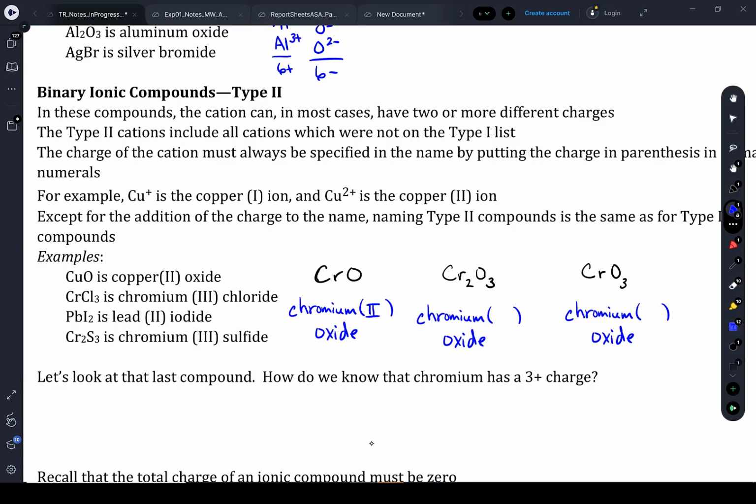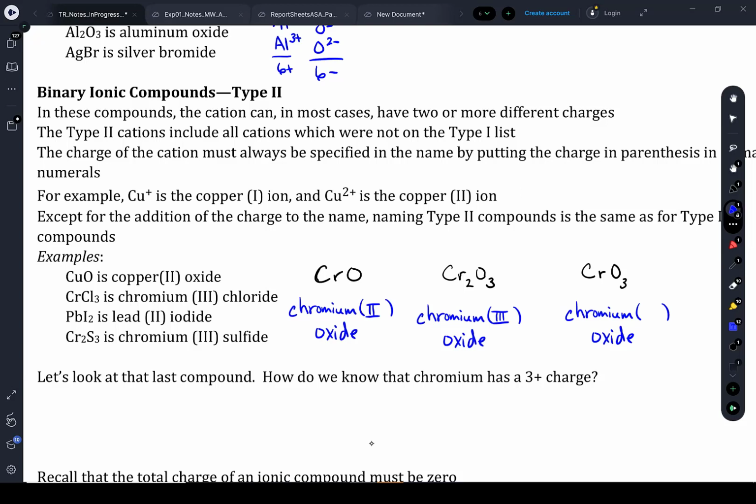Similar to chromium 3 sulfide, this would be chromium 3 oxide. It is the most complicated of these three, because going by the exact same logic, the total charge is 0, 3 oxygens add up to -6, the 2 chromiums must add up to +6, each one must be +3.